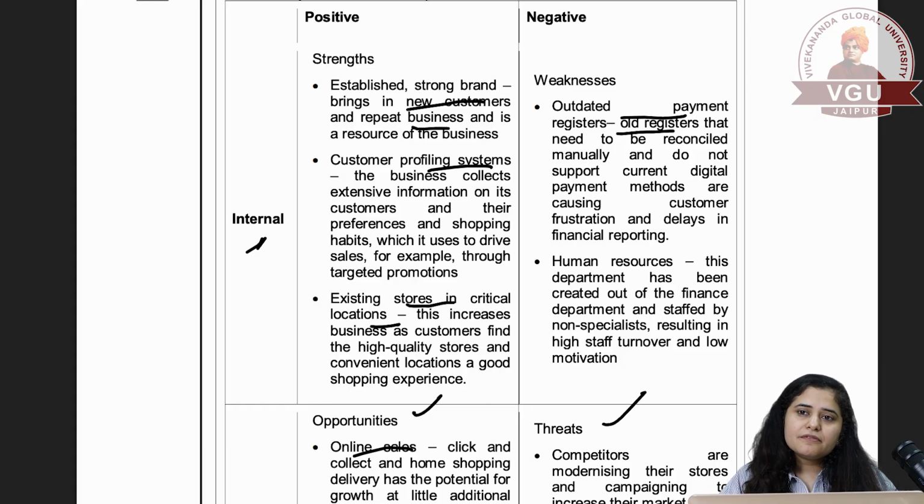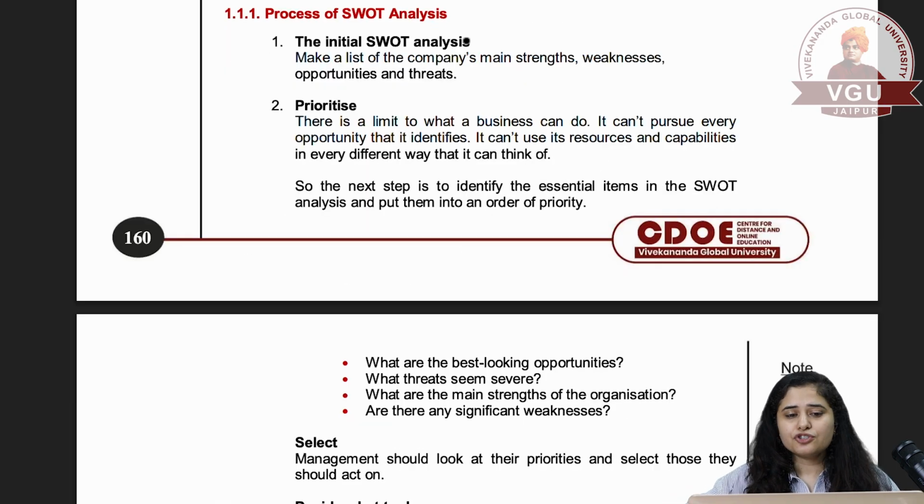Whenever we are doing SWOT analysis, we will now understand what process we have to follow, what should be the steps of having the SWOT analysis done for our organization. The process which we should follow is, we should make a list of the company's strengths, weaknesses, opportunities, threats, whatever there are.